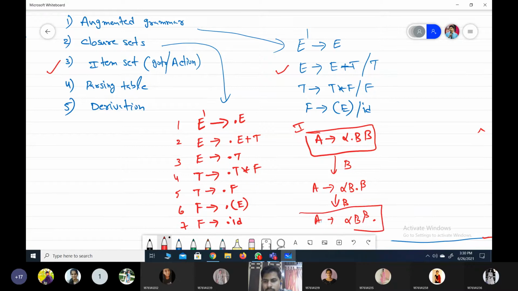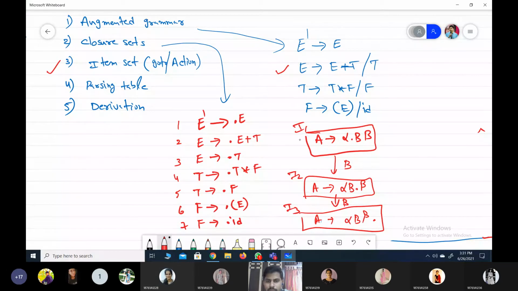For better understanding, I represent these as the I1 state, I2 state, and I3 state. Initially you are in the I1 state. What is your goal state? The I3 state. If you observe step by step, the dot is moved towards the extreme right side. You have done that, or not? Yes, sir.